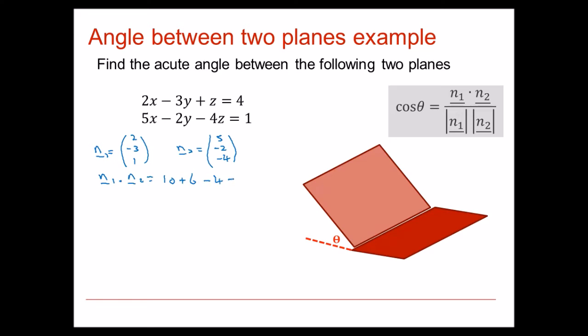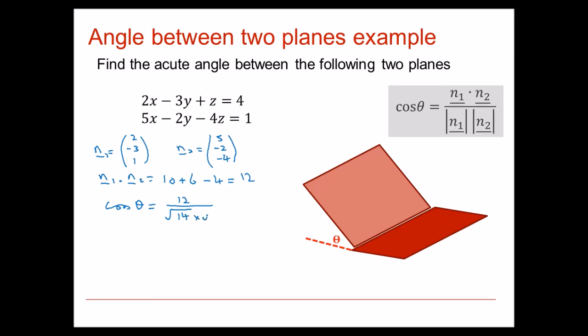minus 4 is 12. So I can now use the formula: cos theta is n1 dotted with n2, which is 12, over the magnitude of n1. So using Pythagoras, that's 2 squared plus 3 squared plus 1 squared, so that would be the square root of 14.